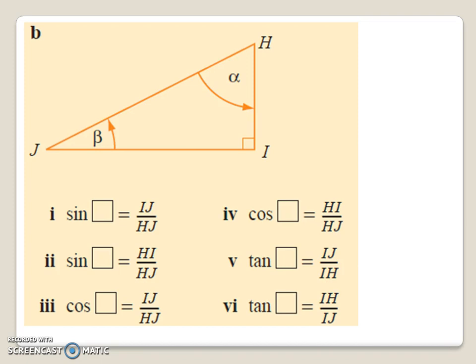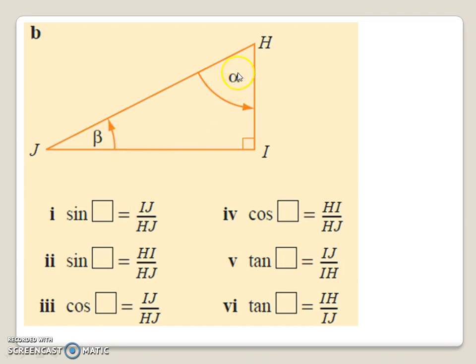In this diagram, you're told the actual trig ratios, but you are asked to work out which angle it is talking about. So here, if you look at IJ, this side here, over HJ, which is the hypotenuse. So for sine to be opposite over hypotenuse, I need the angle where IJ is opposite.